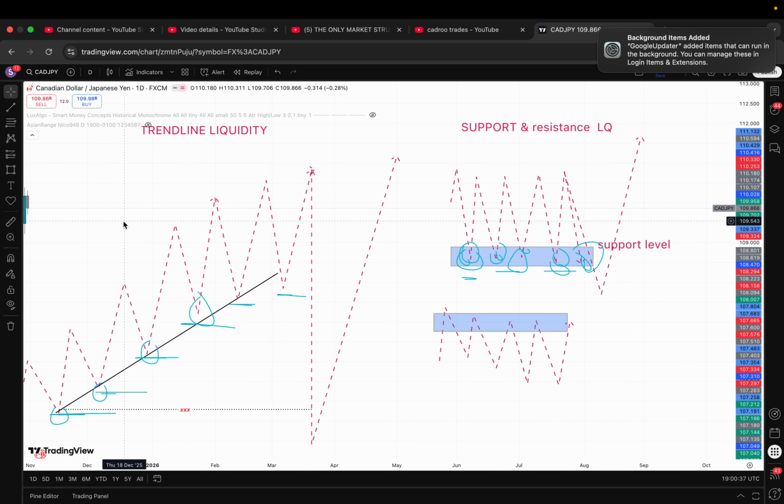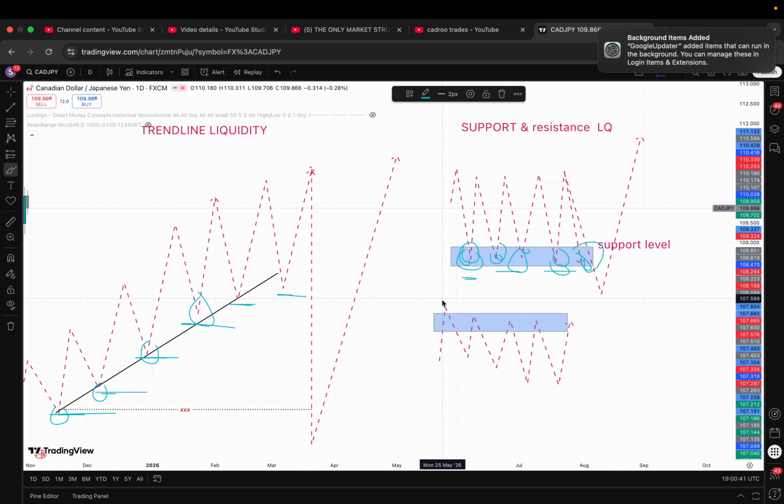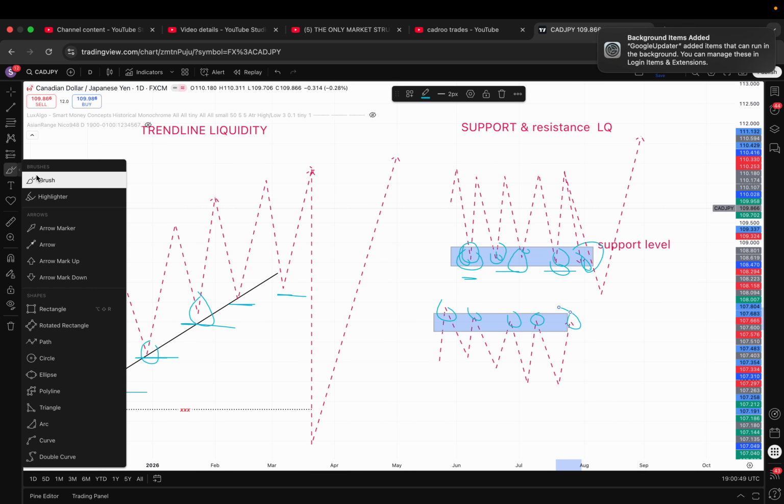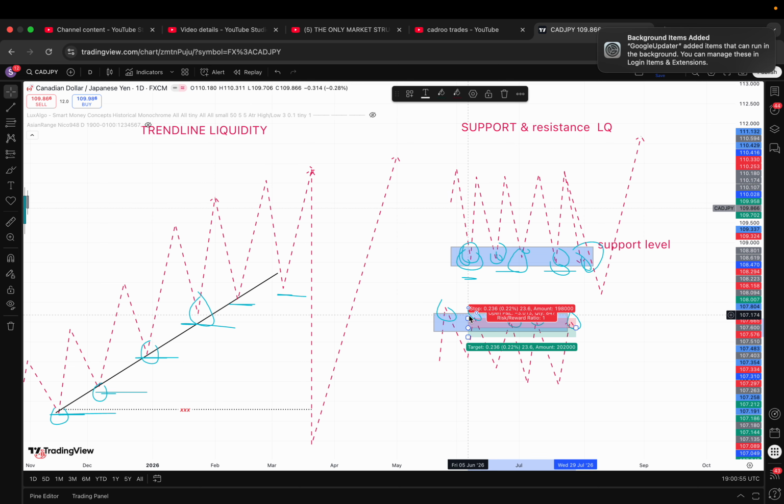Same thing again, but just inverse it. The market is going to tap in once, twice, third time, fourth time, fifth time, and it's called resistance. Whenever they see the market respecting a certain zone, they enter a short position here and sell.